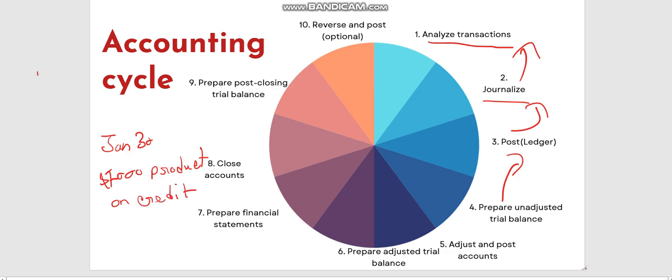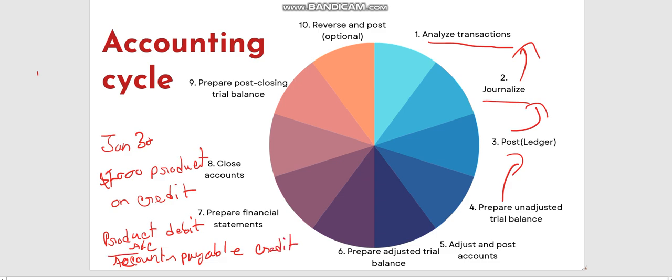Now, a journal of that would be product account debit, and then we have accounts payable credit.